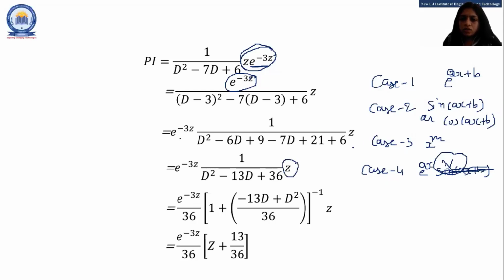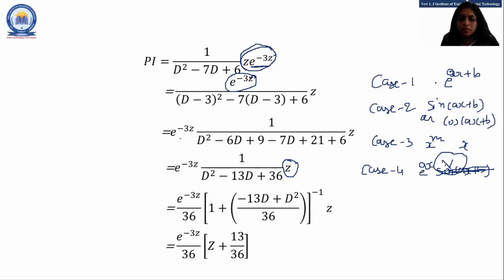So this is case 3, x or the polynomial in x, or we can say the power of x. Here our variable is z. So as this is z, here we are going to apply case 3, and for case 3 we want to convert our denominator in the form 1 plus 5D. If you remember our lecture 3, I have to convert my denominator in 1 plus 5D.